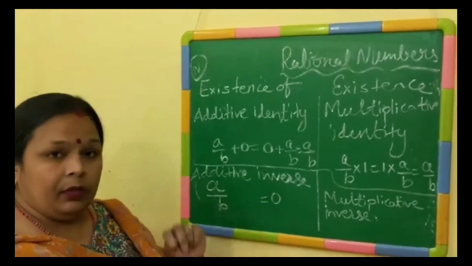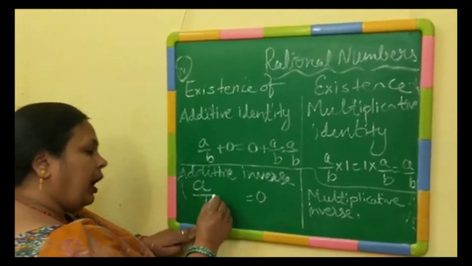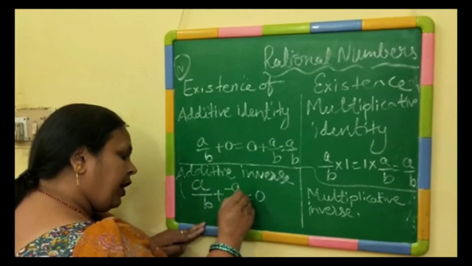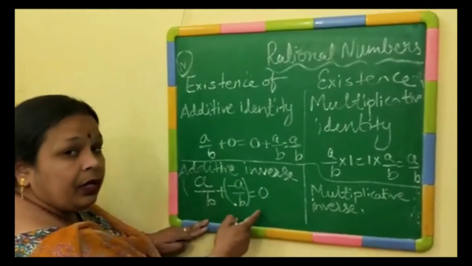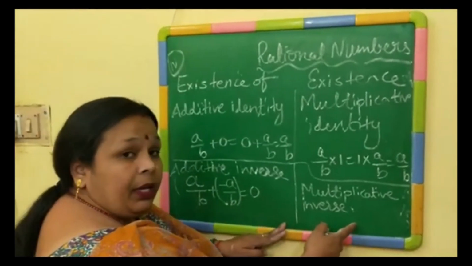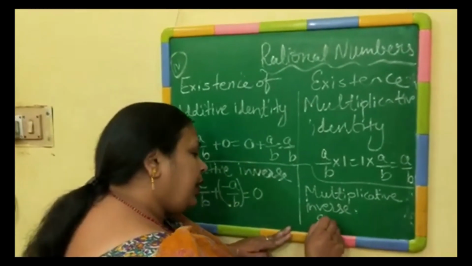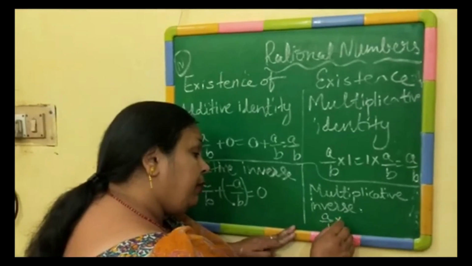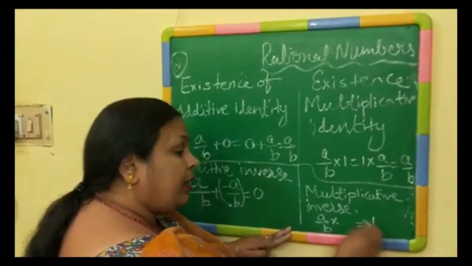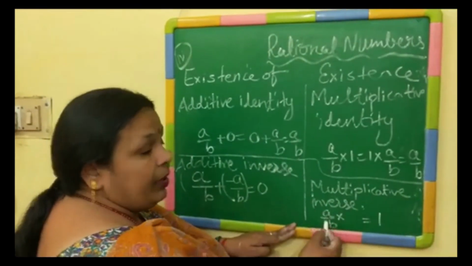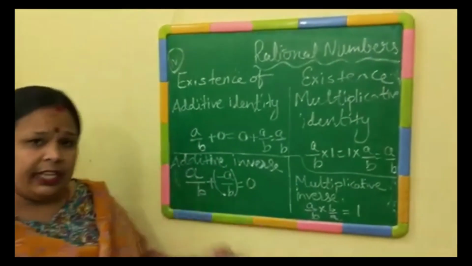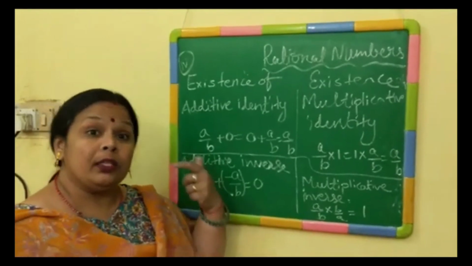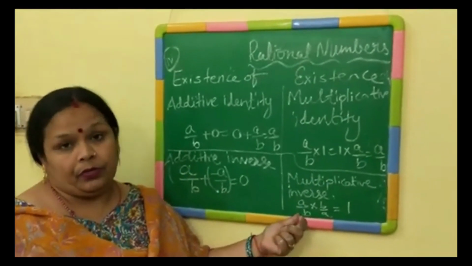You need to add the negative of the given rational number to get 0. And for the multiplicative inverse, if it is a by b, by which number will you multiply it to get 1? You reverse it, b by a, whether the rational number is negative or positive, including the sign.